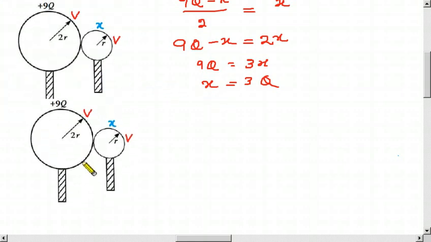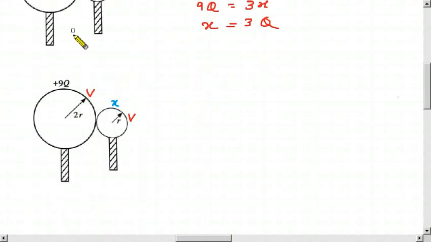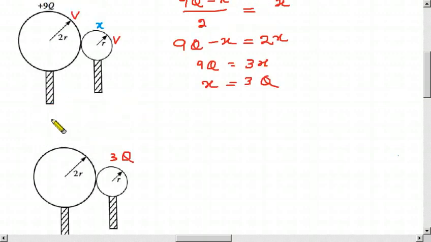Now we separate. Before that we have to write the new charges. We don't want the voltage now. So the charge here is x equals 3q, we have obtained that. The bigger sphere previously had 9q, so 3q came to this one, and now 6q is remaining on this bigger sphere.